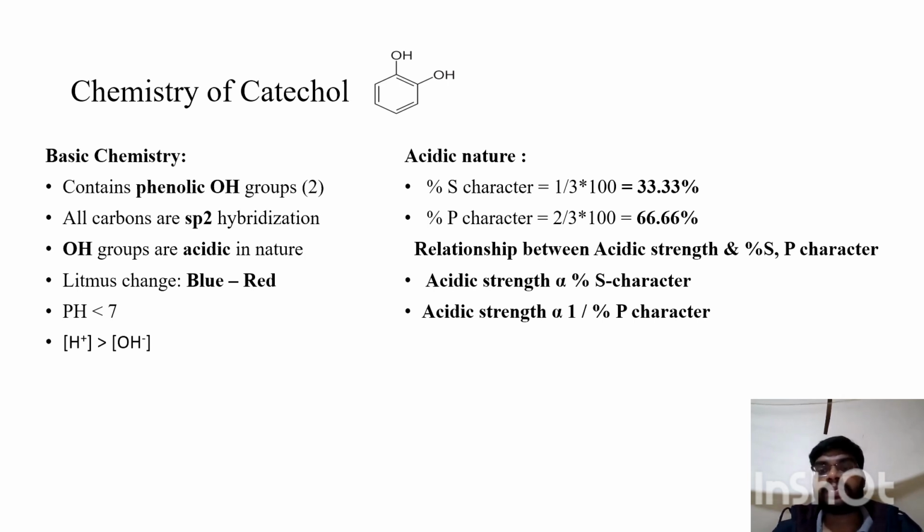With respect to P character, the acidic strength is inversely proportional. Whenever the percentage of S character increases, the acidic strength of that compound also increases. Whenever the percentage of P character increases, the acidic strength of that compound decreases. So this is a direct relation and this is an inverse relation.